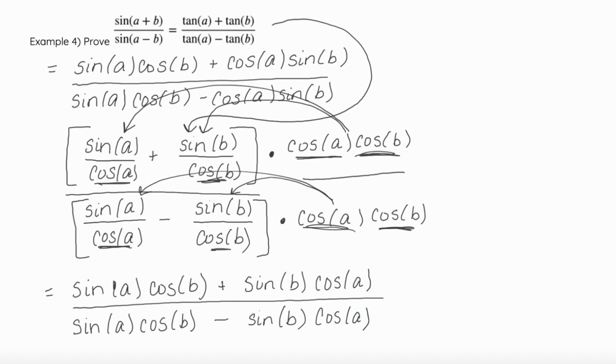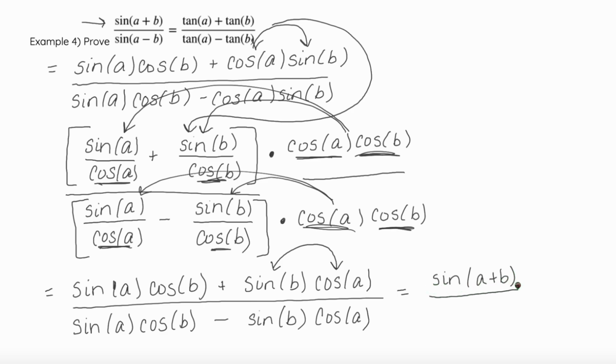This is very similar to our first step that we did, except here our cosines and sines are flip-flopped, but we know that we are able to rewrite them in multiplication. It doesn't matter the order in which we multiply. So our numerator is, in fact, if we go back here, our sum of sine, thus sine of a plus b. And in our denominator, it's the same thing, right?